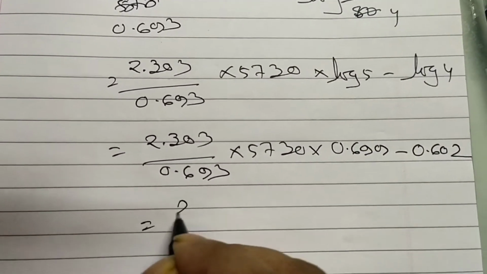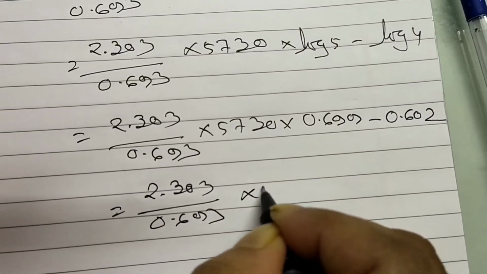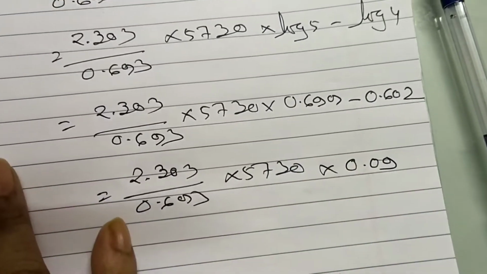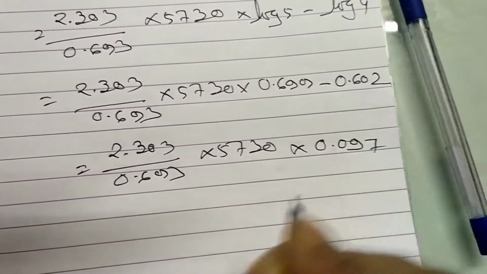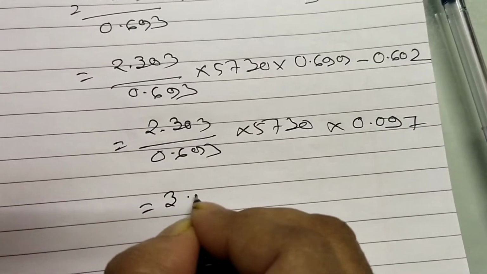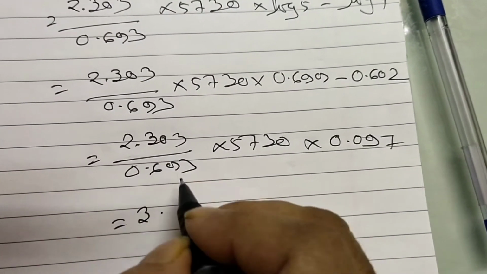So now it is 2.303 by 0.693 into 5730 into 0.097. So now it is coming approximately 3.32.